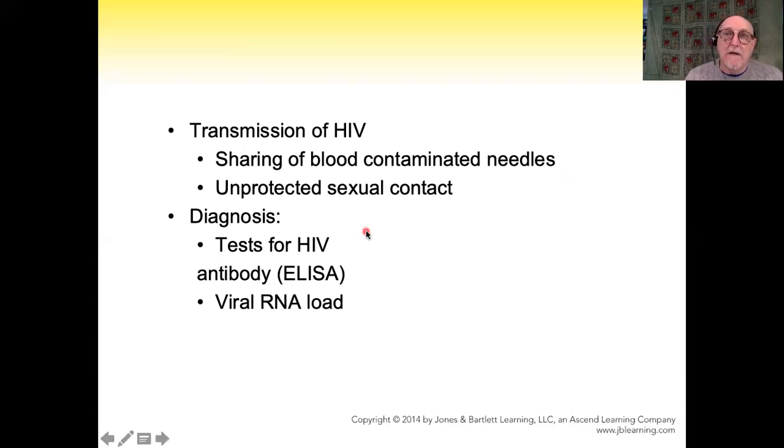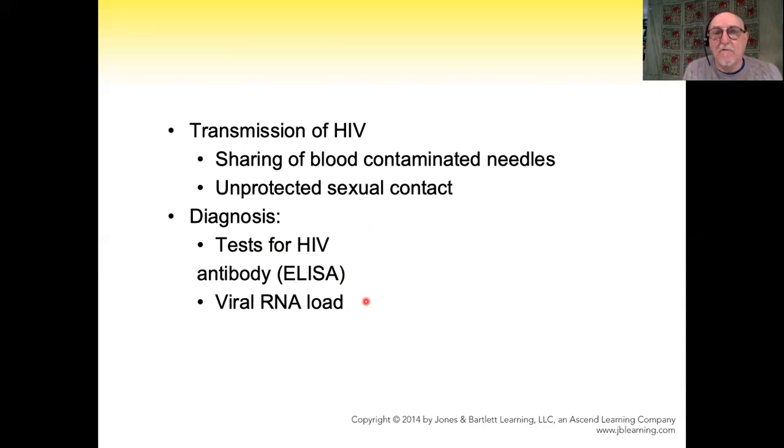Initially, the only way to test for the disease itself was to test for antibodies. And this is still done, and it's done through serological testing, usually through this process called ELISA. But there are now very, very sensitive ways of testing for the actual presence of the virus in circulation in body fluid.